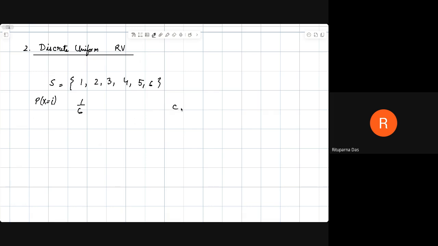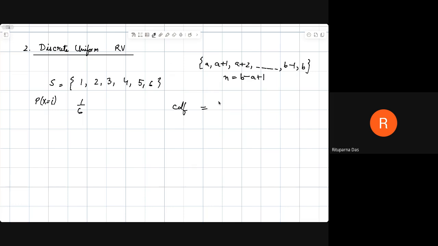okay, first we look at the CDF. So, for example, if we had a plus 1, a plus 2, up to b, then the total number of outcomes n is b minus a plus 1.